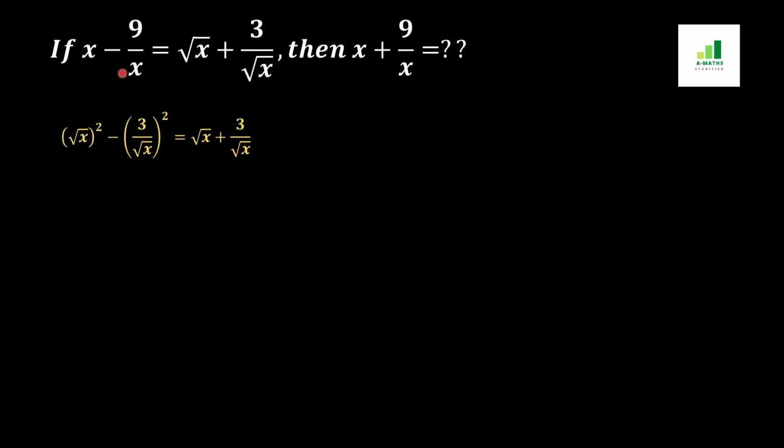How? I can write this x as under root x whole squared, because when I cancel this 2 with this root, I will get x, the same as in the question.